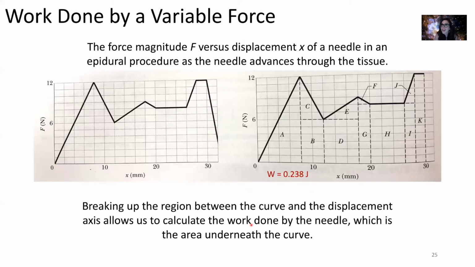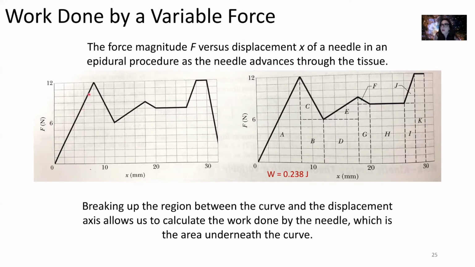So again, the work done by a variable force. To find the work done by the variable force, you take the sum of all the area underneath this force versus displacement graph.